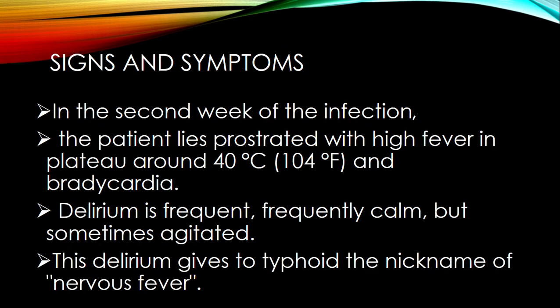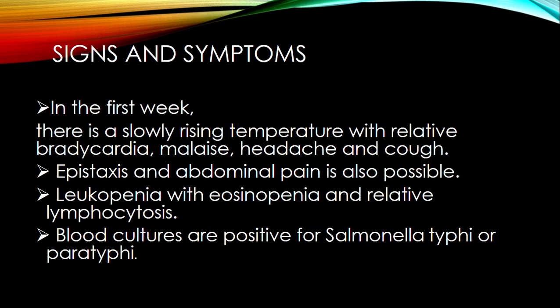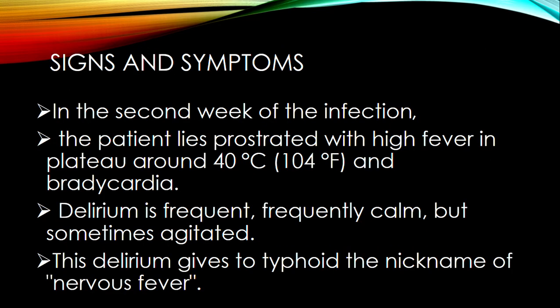So in the first week, we are seeing that the signs and symptoms are not severe. When we go to the second week of the infection, the patient lies prostrated with a high fever, around 40 degrees Celsius, and has bradycardia.